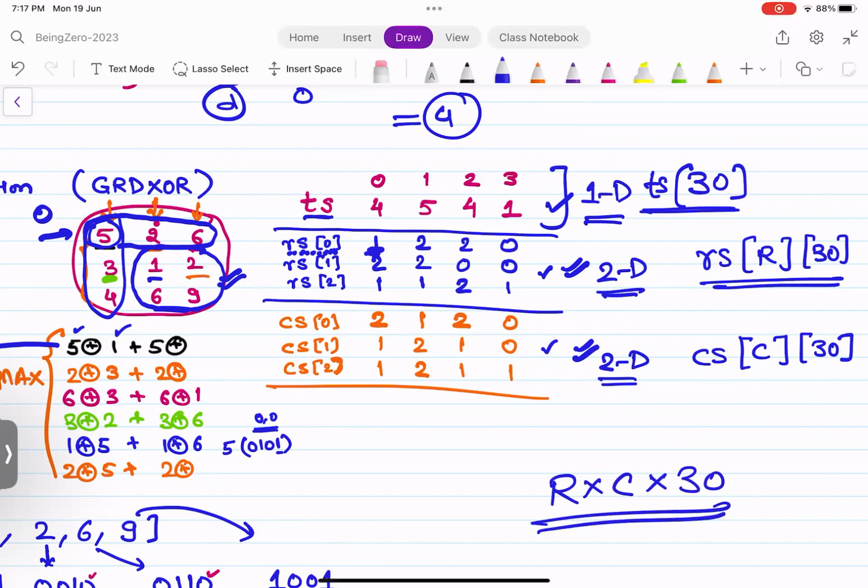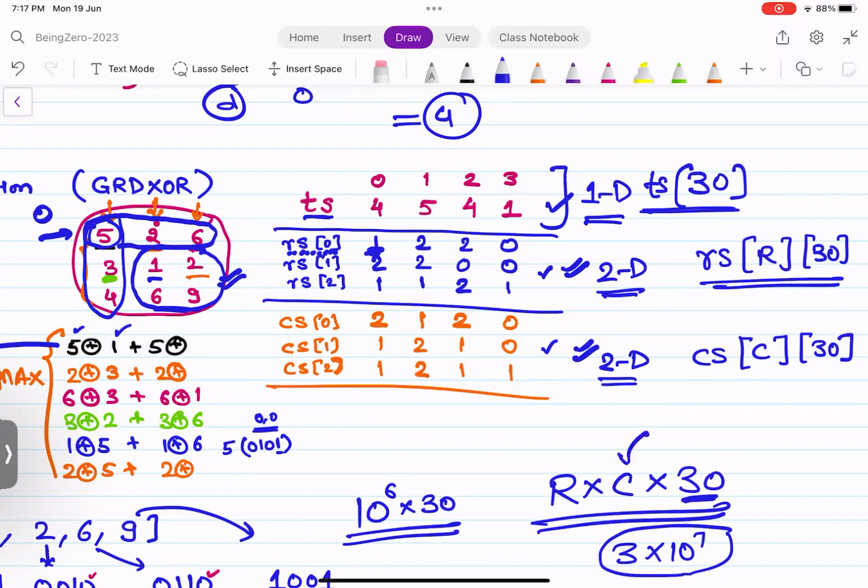If I look at the constraints in the question, your R cross C can be 10 power 6. So it is 10 power 6 into 30, which makes it 3 into 10 power 7. So basically an additional factor of 30 is coming into the picture.